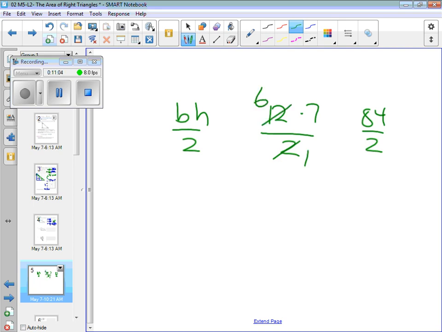And in all honesty, and you can agree with me or not, I think 6 times 7 in your head is easier than 84 divided by 2 in your head. Because you get 6 times 7, 42, done. The shortcut should only be used if at least one of the numbers is an even number.